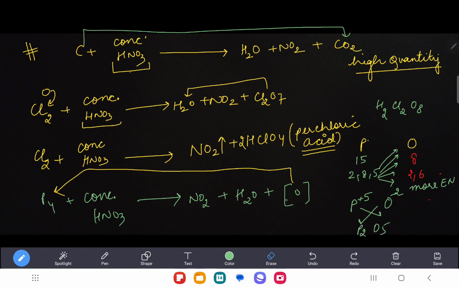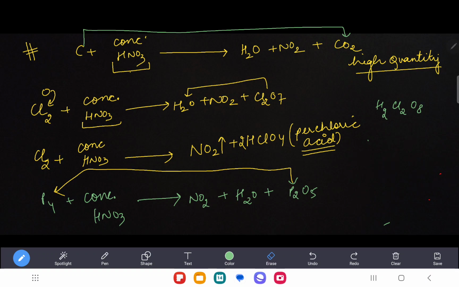So basically, on combining with oxygen, the phosphorus is oxidized to P2O5. Are you understanding? Now when you dissolve P2O5 in water, the only thing that you have to remember with P2O5, what is the valency of phosphorus? 5, so that would basically require 3 molecules of water. So you have 3 H2O dissolved in P2O5.